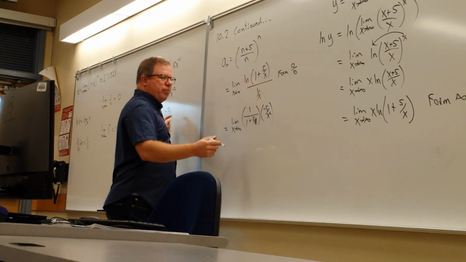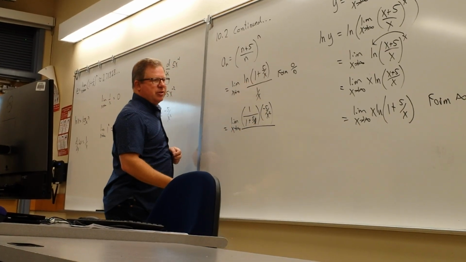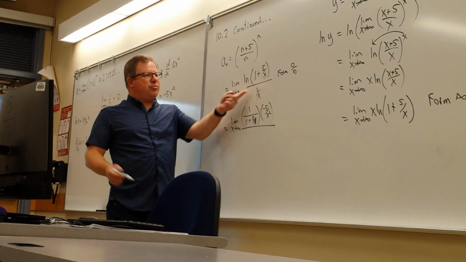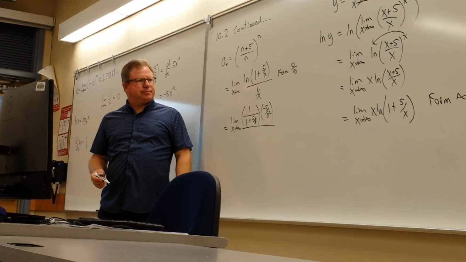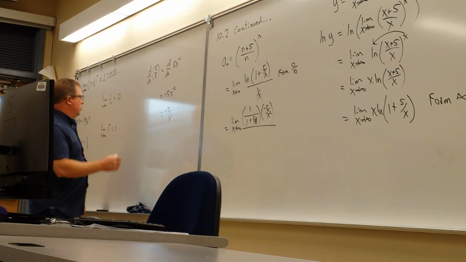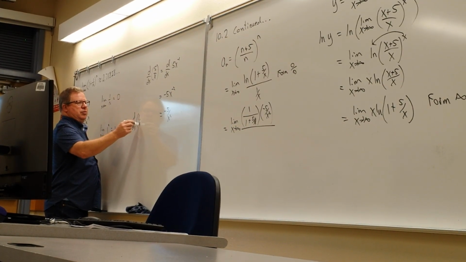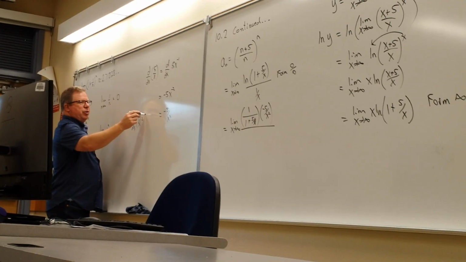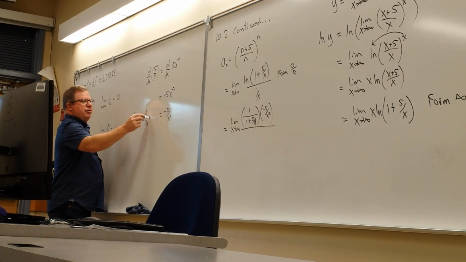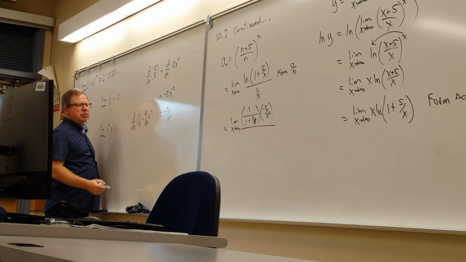So that's chain rule. Over, how about the derivative of 1 over x? That's like the derivative of x to the negative 1.